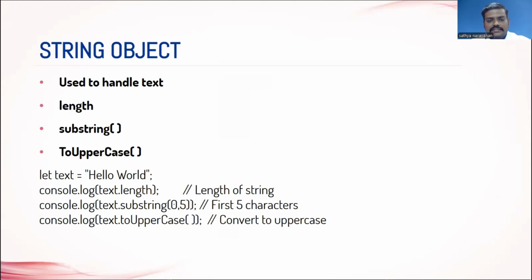Console.log text.substring(0,5): from hello world, I take a substring, and hello is printed in the web browser. Second, console.log text.toUpperCase: the text hello world will be entirely in upper case. So these are the basics of string objects.